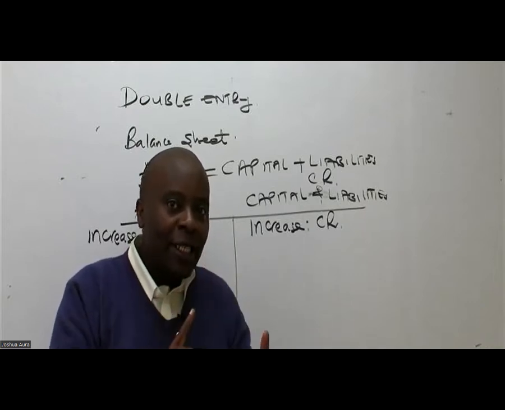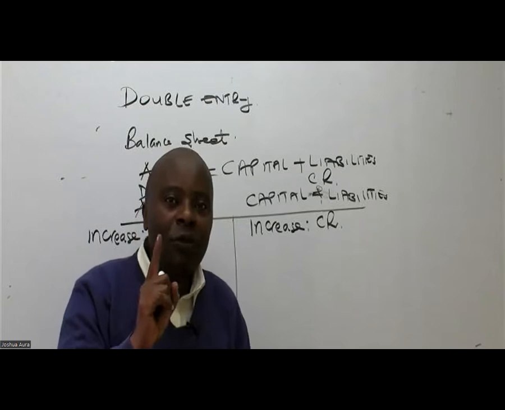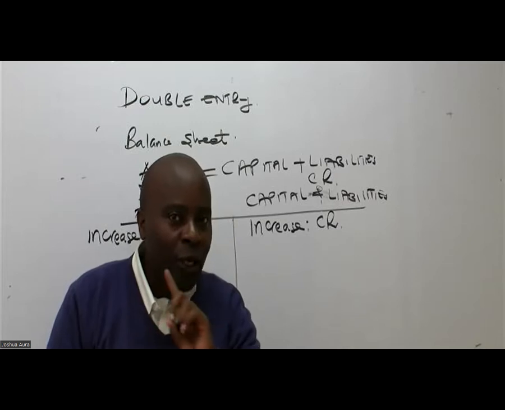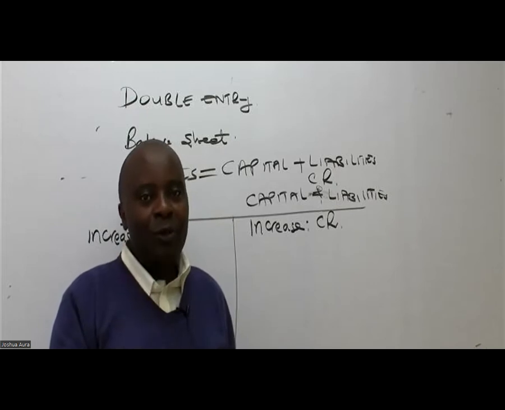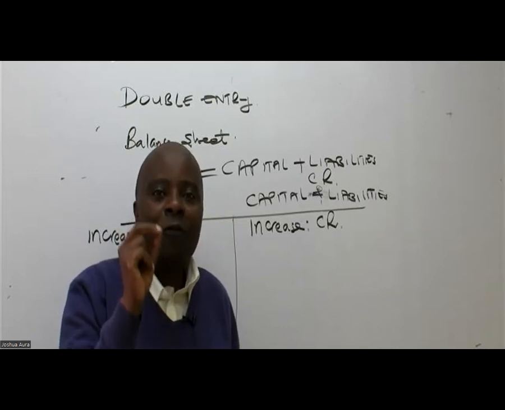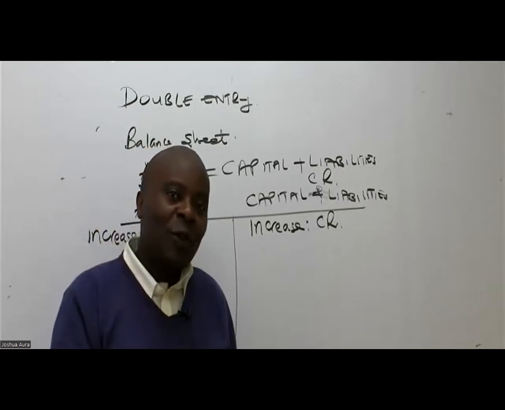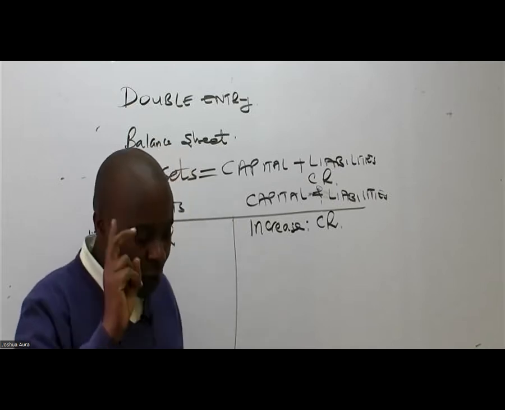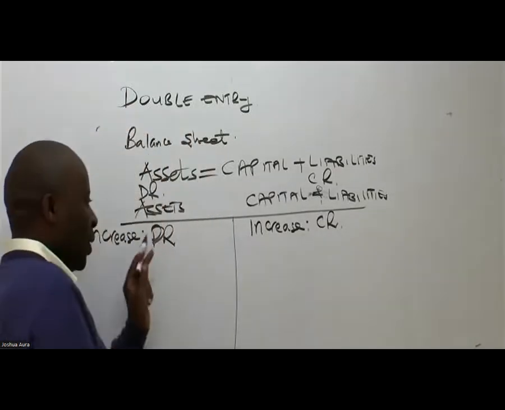For you to capture this, it is important to know that every business transaction in terms of accounting must always have double entries. Double entries means we must always have two accounts being affected by every business transaction. Because of this concept of two, we talk about double entry. This will come in handy.